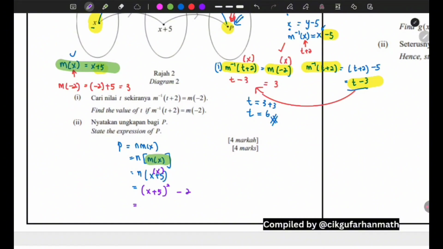It's good if you expand. If you didn't expand also, I don't think it's a problem. But it's good if you expand. So let's expand. So your p in terms of x is actually a quadratic. Done.